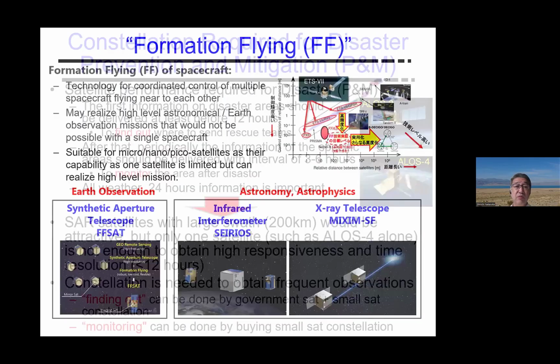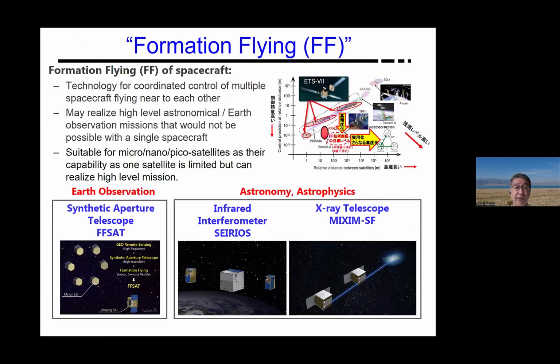So now let's move on to formation flying. Formation flying is a technology for coordinated control of multiple spacecraft flying near each other. And it may realize high-level astronomical or Earth observation missions that would not be possible with a single spacecraft.